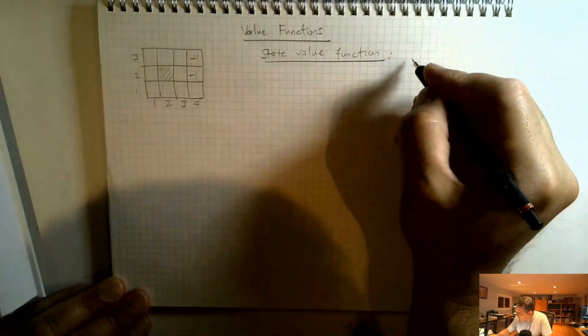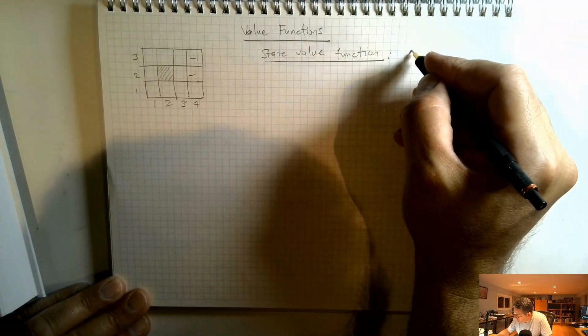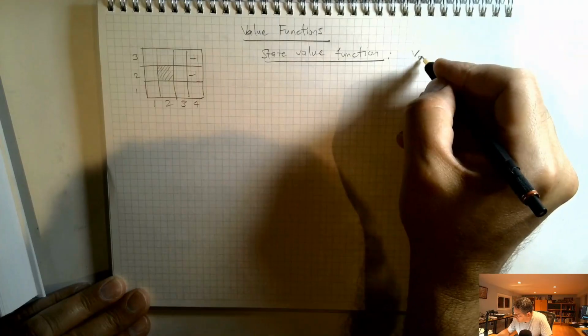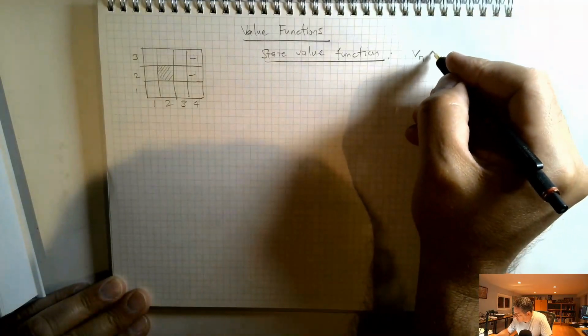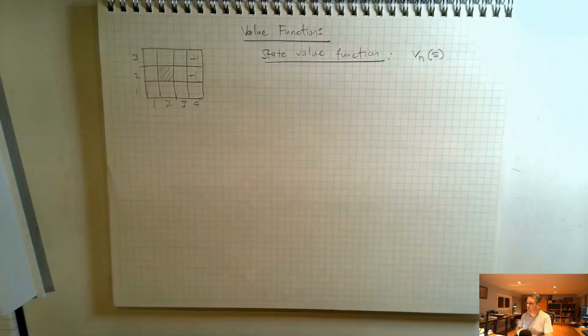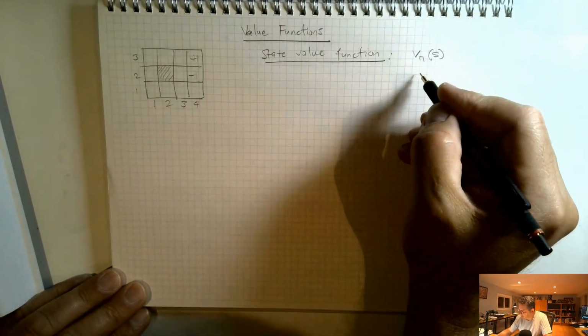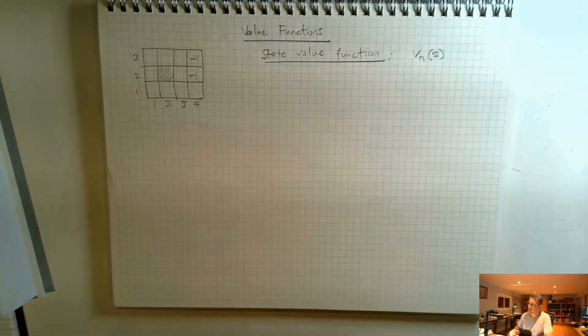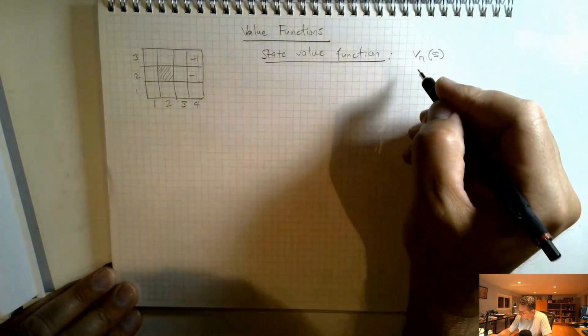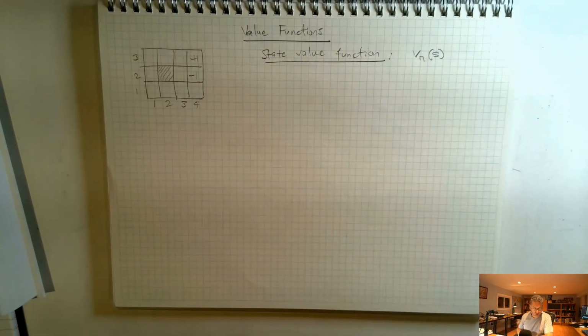We will symbolize this value function with a small letter v, subscript pi, with an argument of s. Here s is any state that we have in the system, pi is the policy that we follow while being in this state s, and v is the name of the value function.